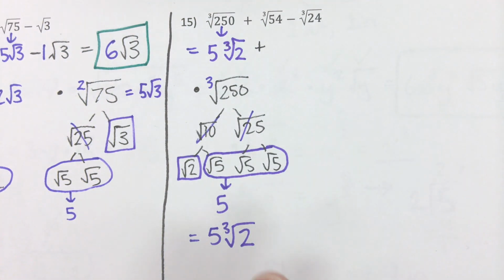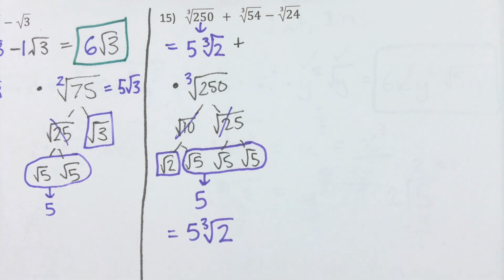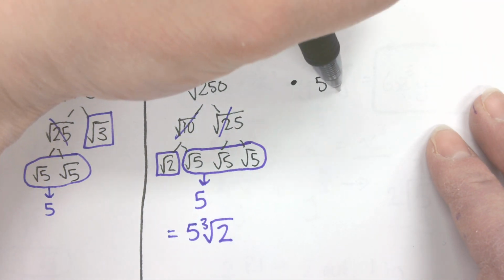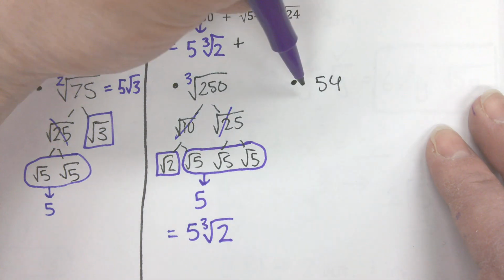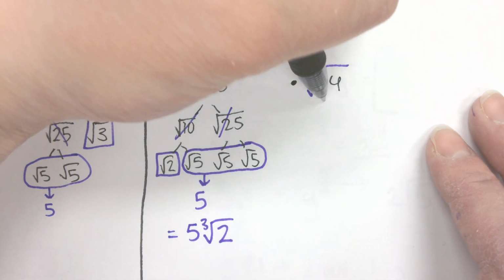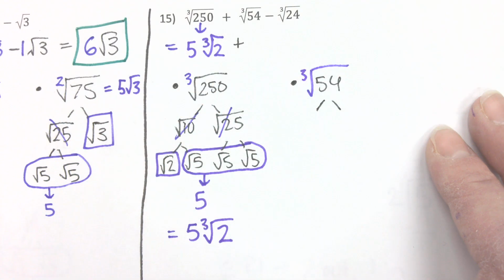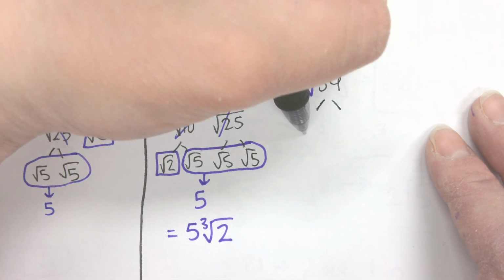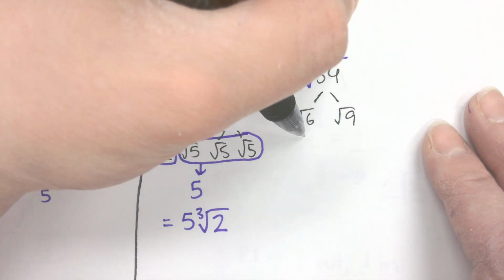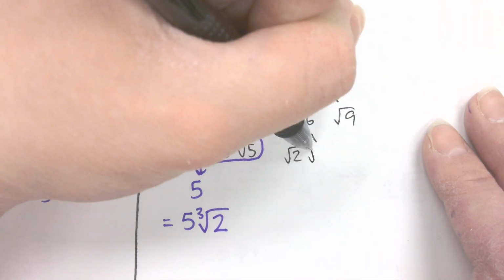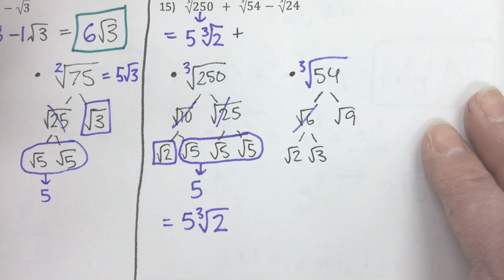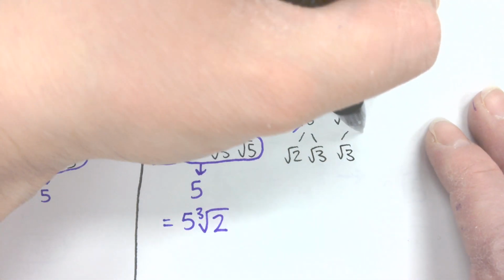Plus, and let's break down the 54. Cube root of 54. We've already broken down 54 today, so it's going to look the exact same, but it's a cube root this time. 6 and 9. Break down the 6 into 2 and 3. Break down the 9 into 3 and 3.